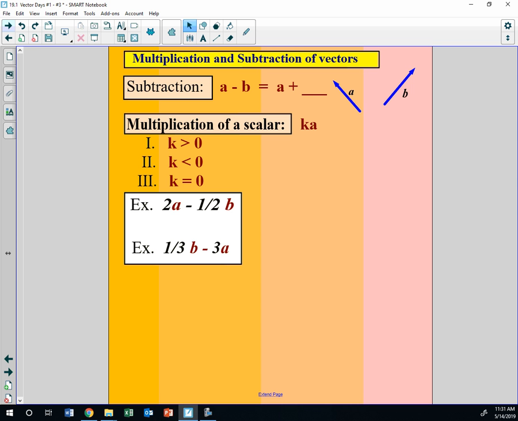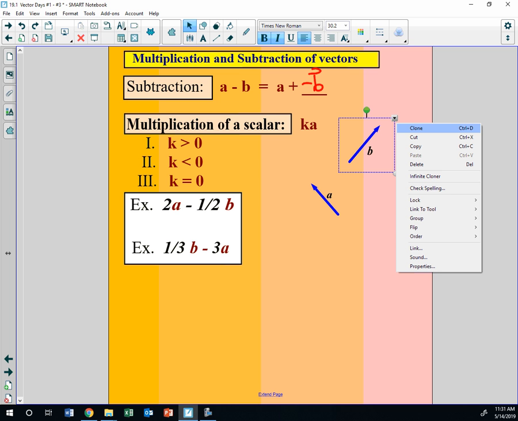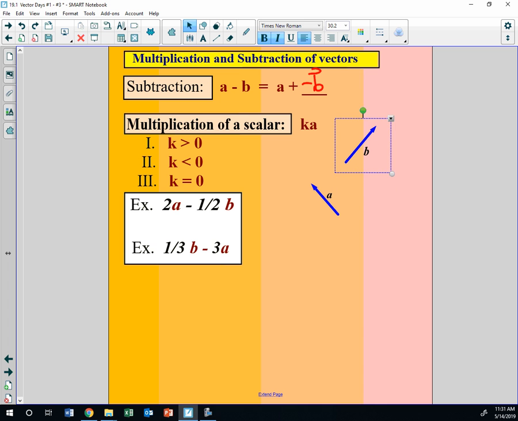All right, so what can we do with vectors? Well, this opposite of A thing is helpful because if we want to go A minus B, we can add B going in the opposite direction. So if this is A, and this is B, oh, I didn't clone it, come on, there you go.